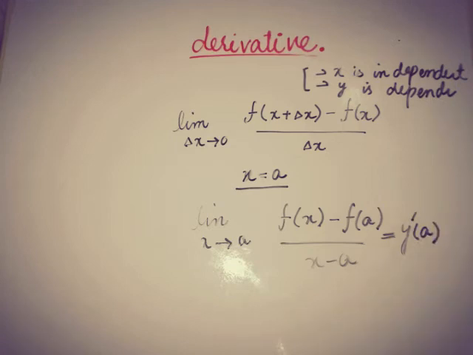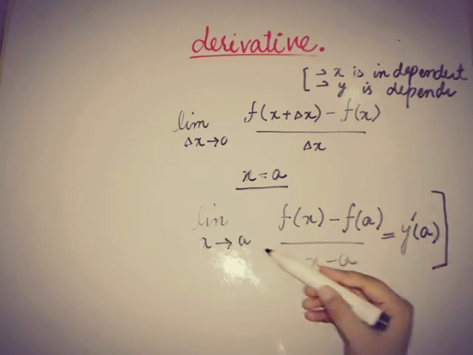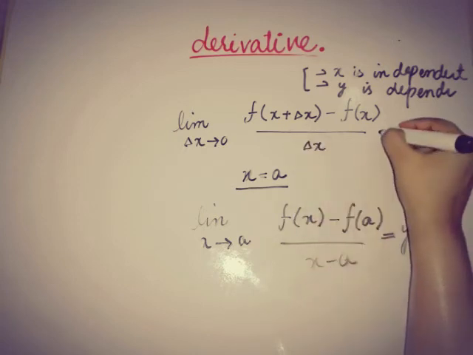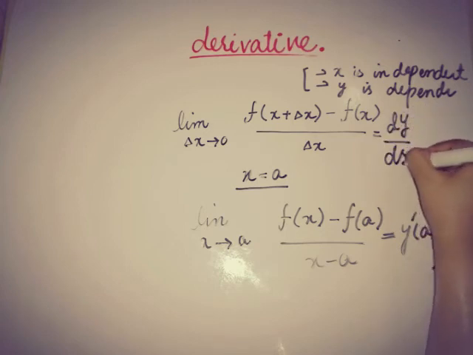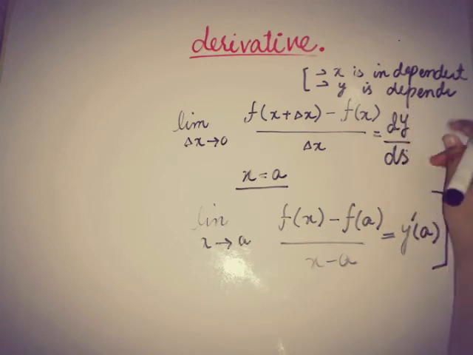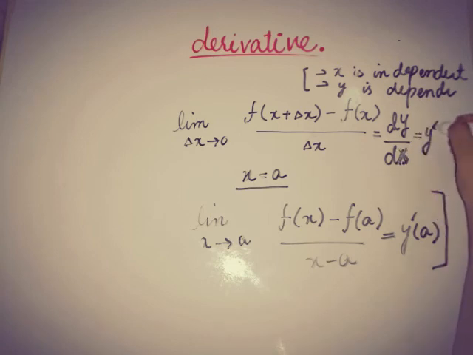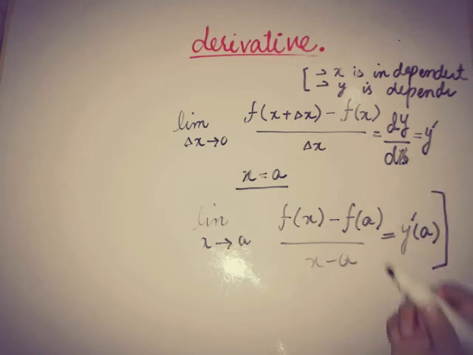So this is the particular way of finding the derivative at a specific point, and this is the change in y with respect to x. It is also written as y dash or y prime. This is the more common way of writing the derivative.